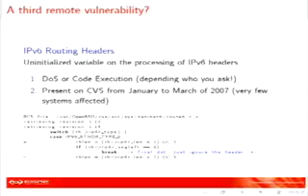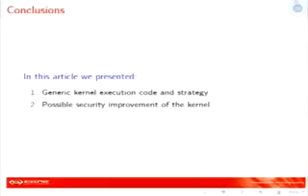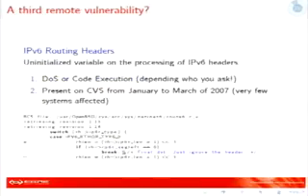But looking at the patches, we can see that there is maybe a third remote vulnerability, because the code here uses this variable as an uninitialized variable. This is a simple patch that I was looking at. I was looking for another vulnerability, and I found this little code here. Oh, sorry. That is an uninitialized variable fixed about 3 months ago.